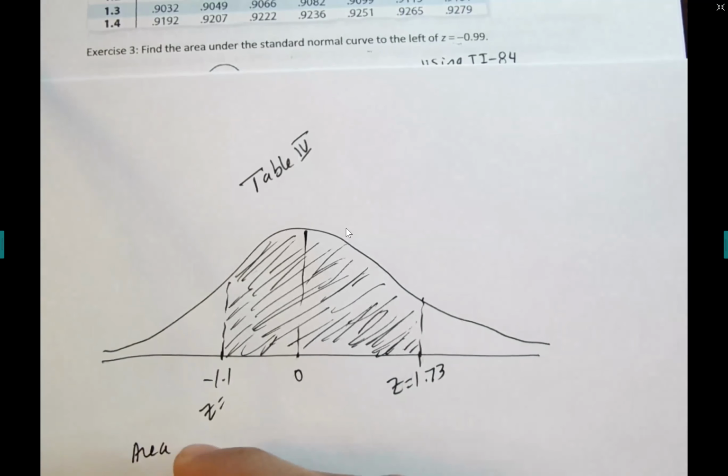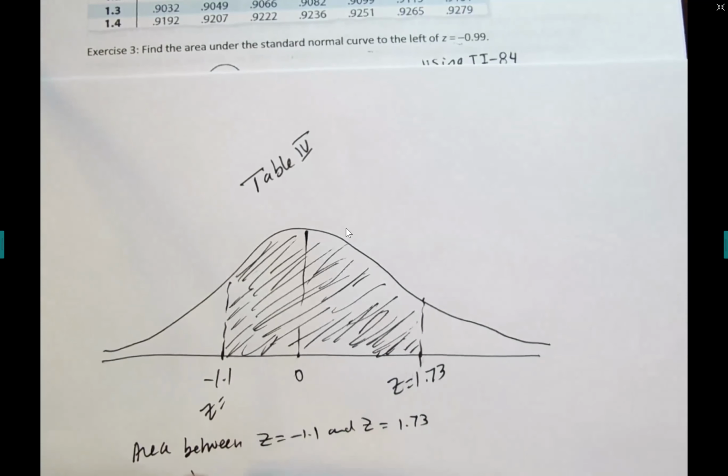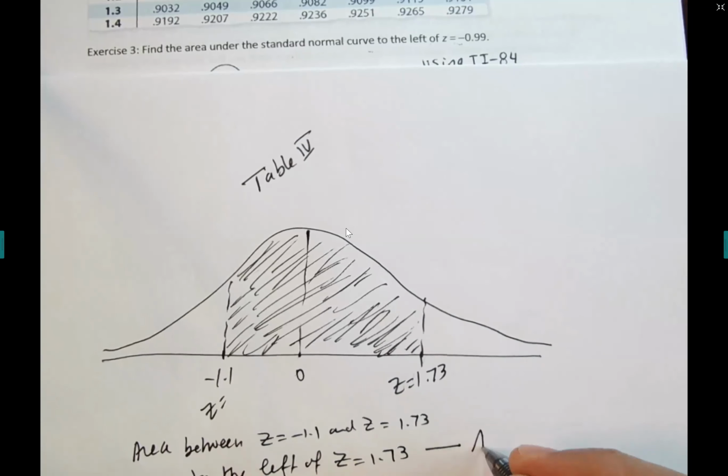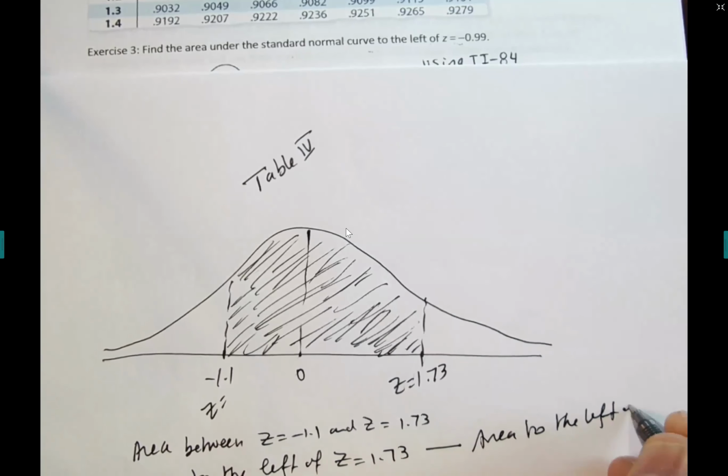Okay, I'm gonna write this. Area between z is negative 1.1 and z is 1.73 equals area to the left of z equals 1.73 minus area to the left of z equals negative 1.1. And let me tell you why, guys. Watch.